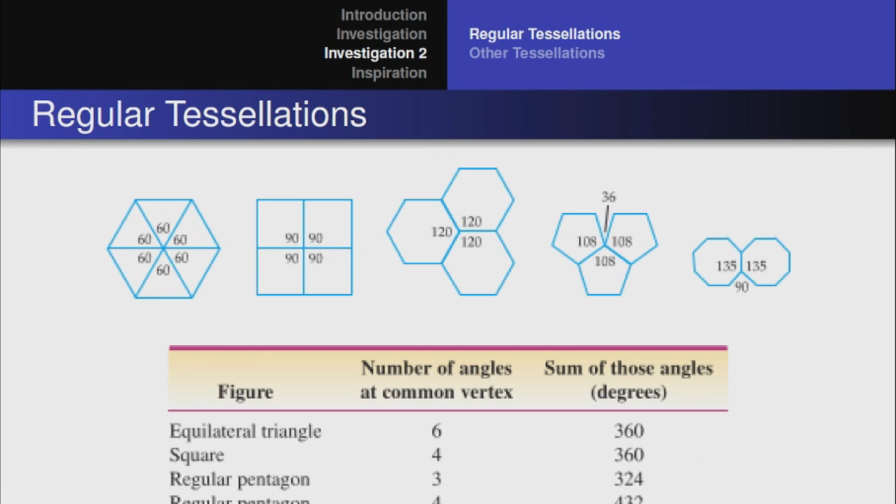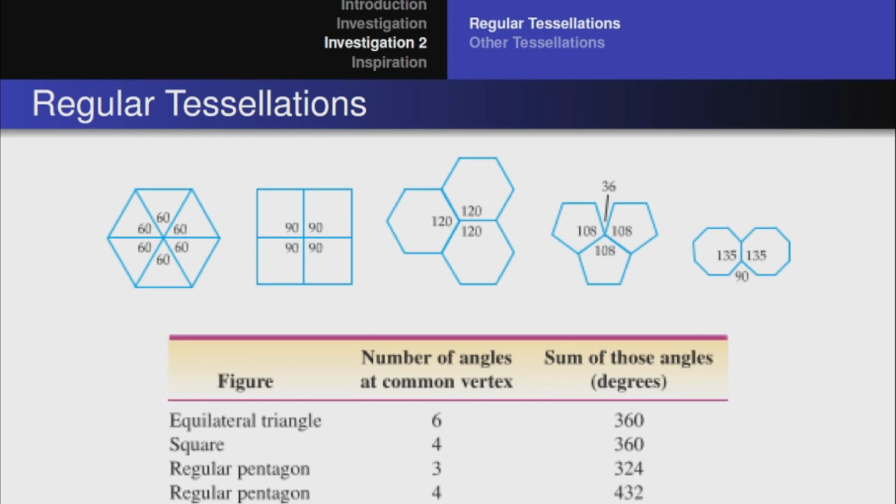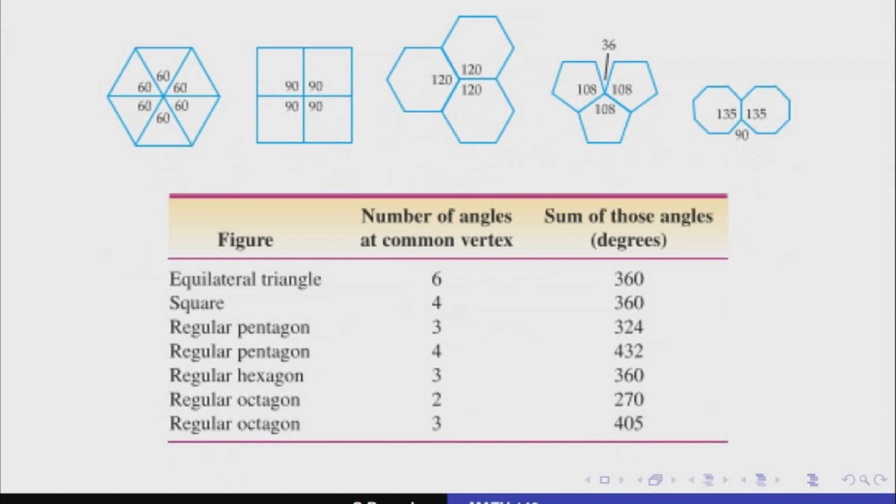And it turns out the only regular polygons that tessellate the plane are the triangle, the square, and the hexagon. There is nothing else. There are only 3 what we call regular tessellations.